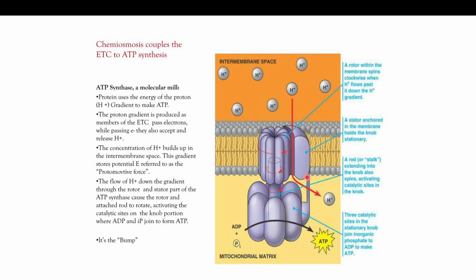And a stator anchored in the membrane holds the knob machinery, and a rod or a stalk, this one here, extends into the knob and also spins, which eventually activates the catalytic sites. There are three catalytic sites in this area, the stationary knob here, which joins the inorganic phosphate and ADP molecules to form ATP.